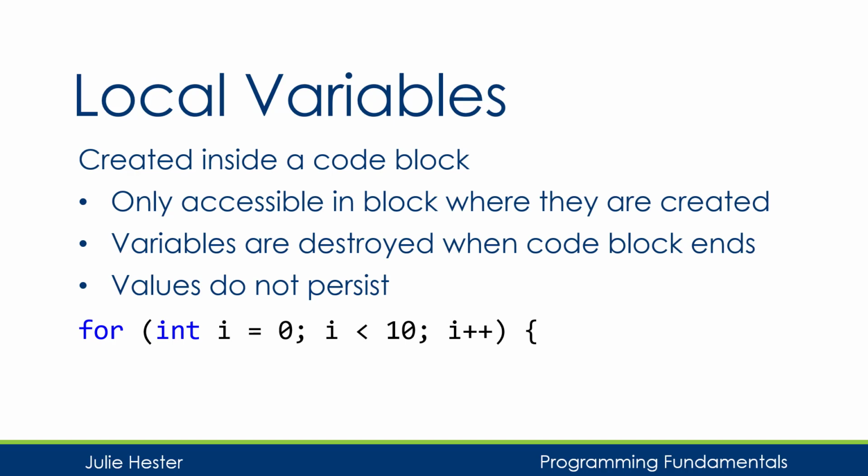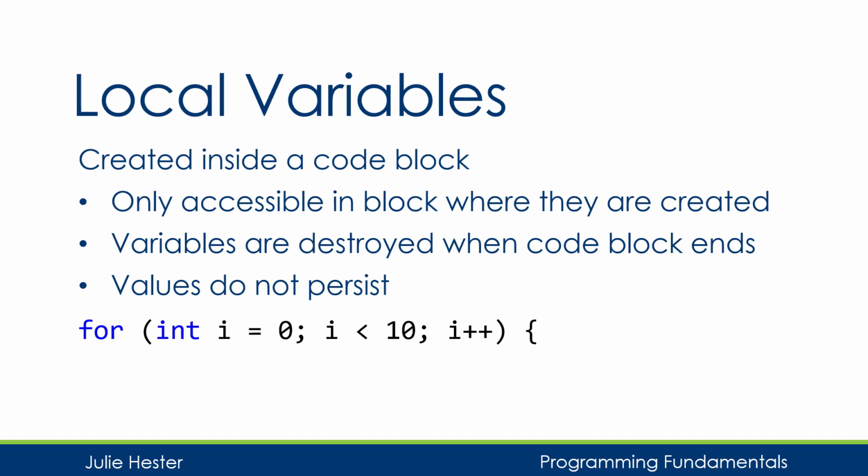Now, one place we'll often define a local variable is in the heading of our for loop. And so a lot of people will define an iterator variable inside the for loop. Like I have here, I have an integer variable i that I am defining and initializing to 0.